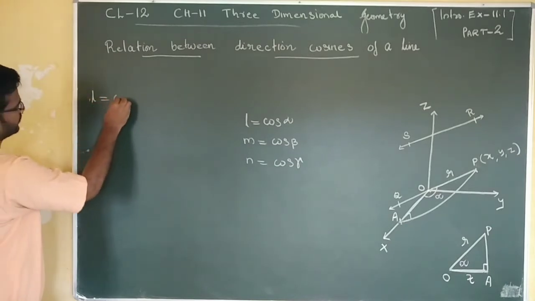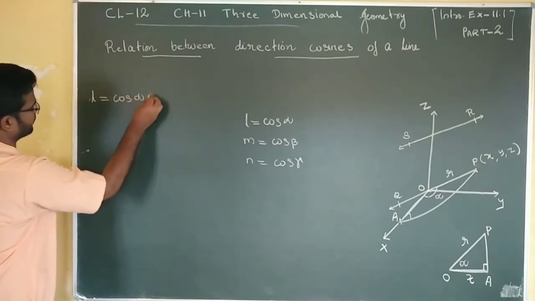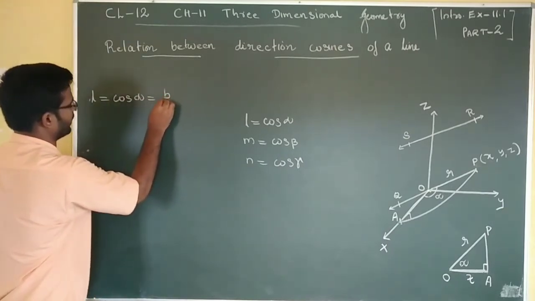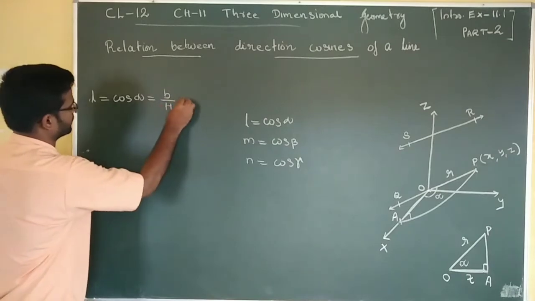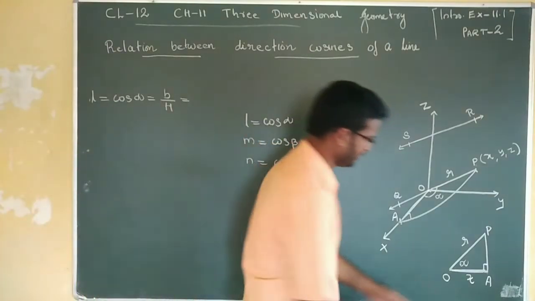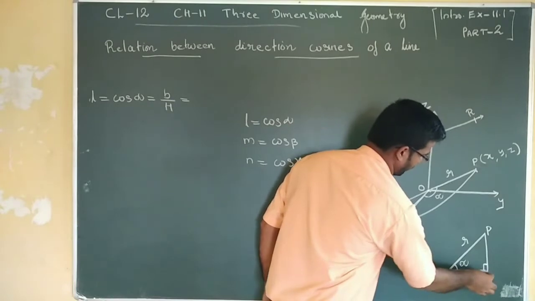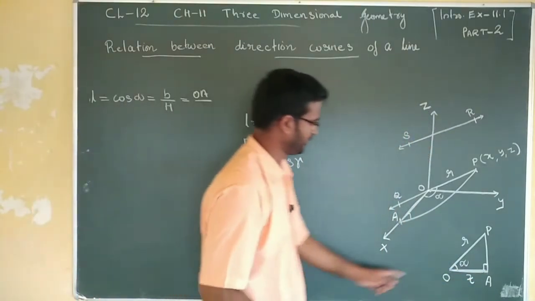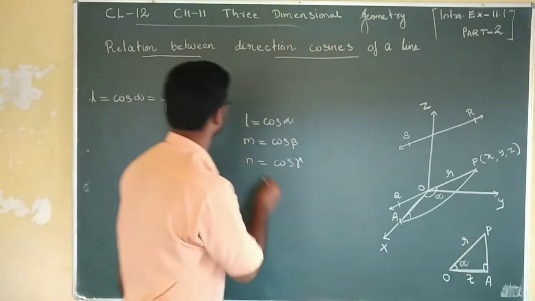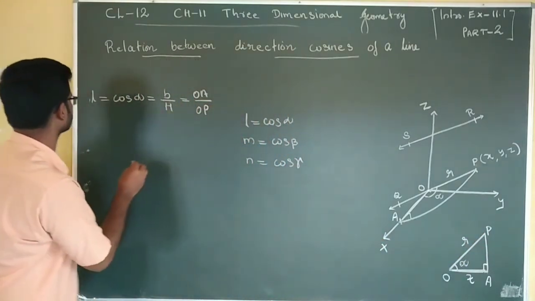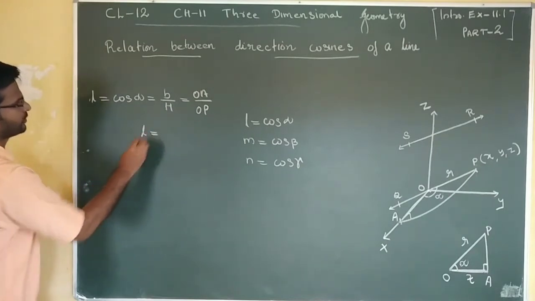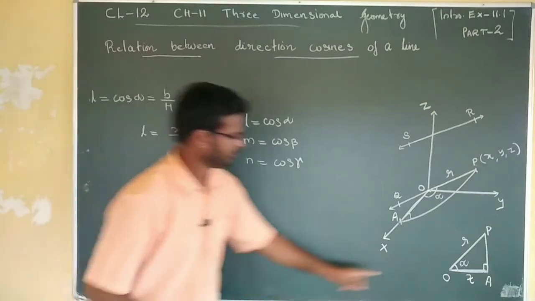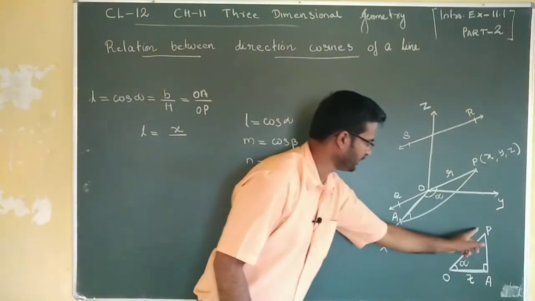l equals cos alpha. What is cos? Cos means base divided by hypotenuse. The base here is OA, divided by the hypotenuse OP. So l equals OA divided by OP, where OA is x and OP is r.